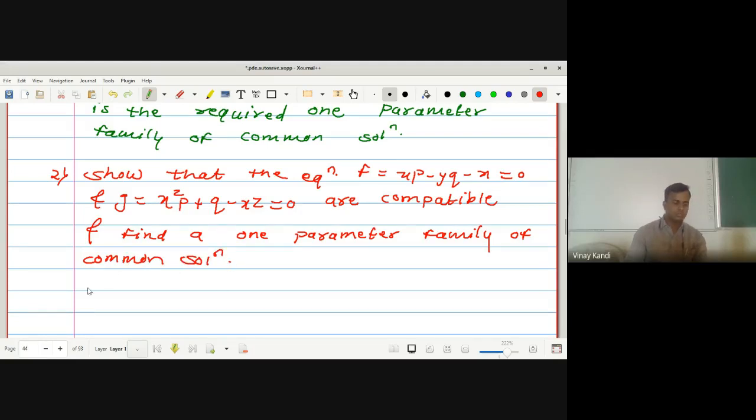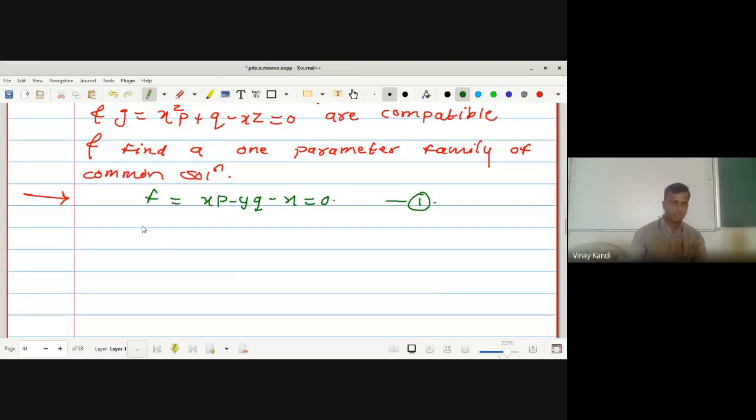Okay, now solve this one. What is f? xp minus yq minus x is equal to 0. So this is equation number 1. Okay, what is g? g is equal to x square p plus q minus xz is equal to 0.